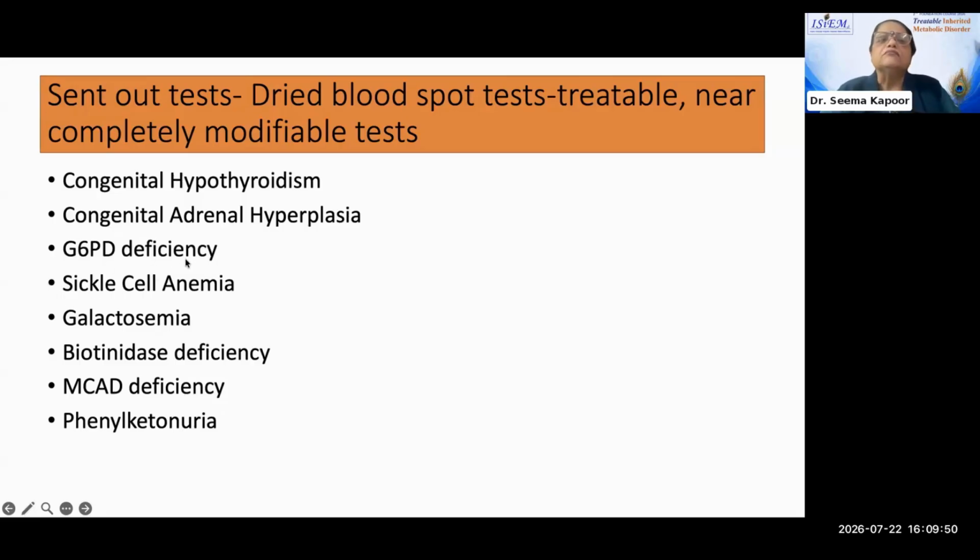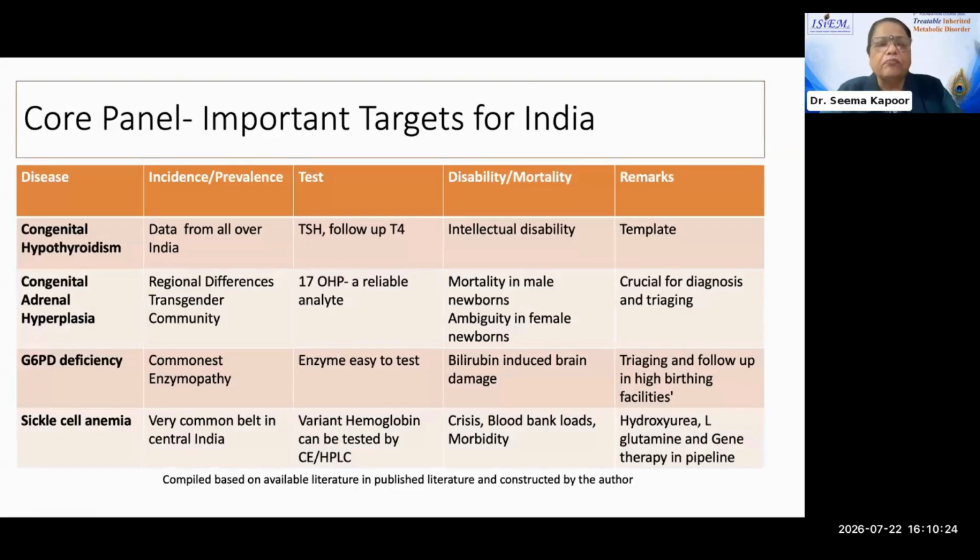So you can look at one of them, both of them being common: G6PD as an enzymopathy and sickle cell anemia as a hemoglobinopathy. Followed closely by galactosemia, biotinidase deficiency, phenylketonuria. MCAD, medium chain acyl CoA dehydrogenase deficiency, is different because it requires a totally different platform, which is called LC-MS-MS, colloquially known as tandem mass spectrometry.